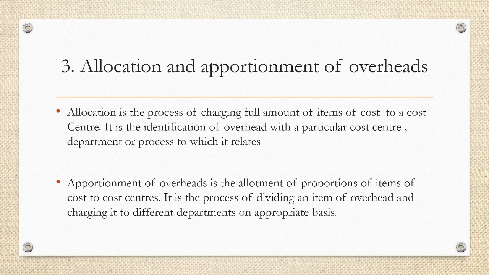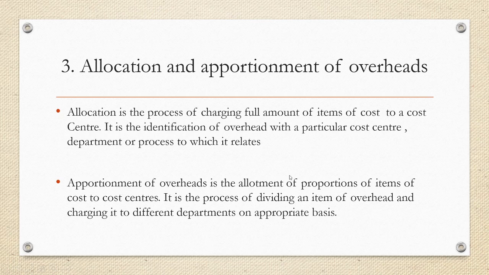Lighting charges have to be distributed among the production department and the service department on the basis of the number of light points. Imagine the expense is 10,000 rupees, and the number of light points in the factory is 7 and in the service department is 3. On the basis of the 7:3 ratio, 10,000 will be divided.